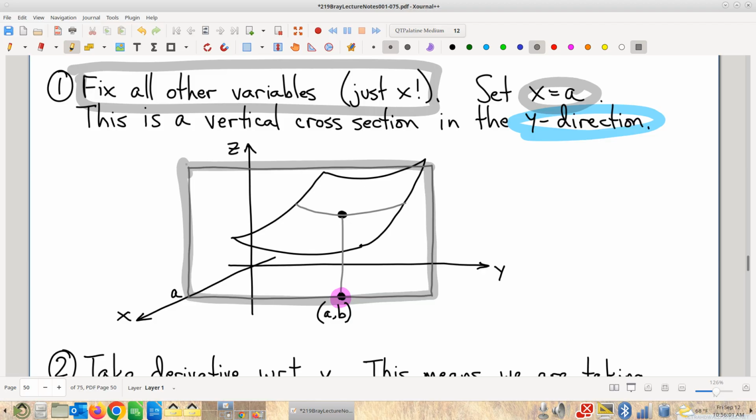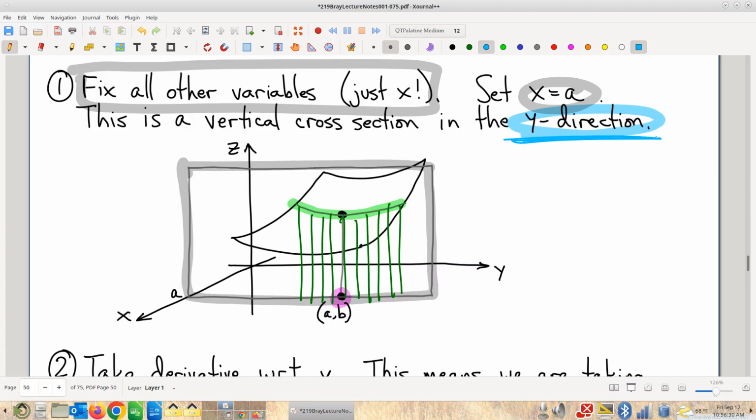Okay. All right, so instead of the whole graph, I'm now going to be looking just at that cross-section. Now let's talk about that cross-section for a second. What's going on with that cross-section? It's giving us values of the function, interpreted as heights, as they depend on y.